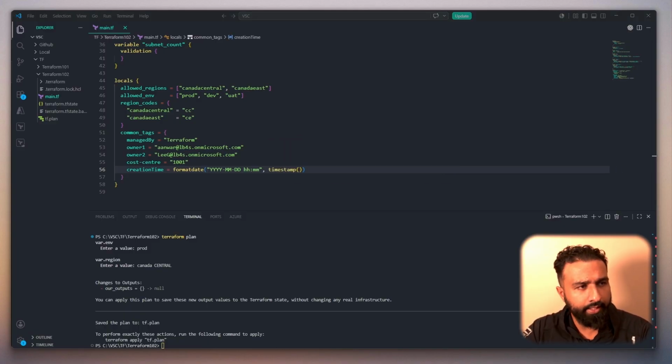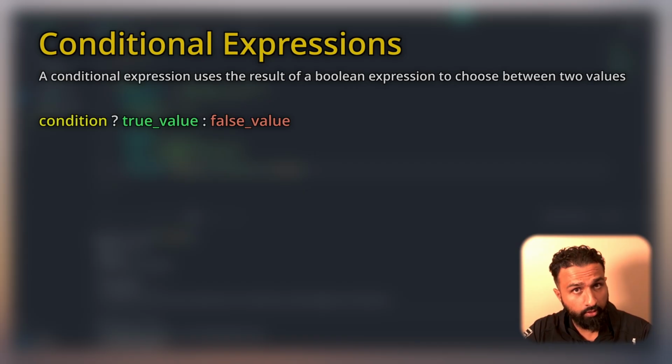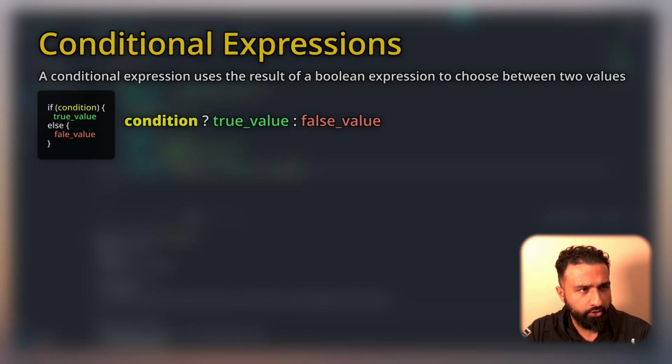And next, let's dynamically set our virtual network's address space based on the selected environment. And we'll use something called the ternary operator, which we also looked at briefly in the last episode, which in Terraform are called conditional expressions. The syntax looks like this: condition, question mark, true value, colon, false value. You can think of it like an if statement. The first part is the condition, which is tested for a true or false bool.